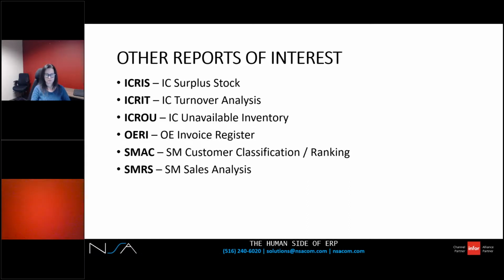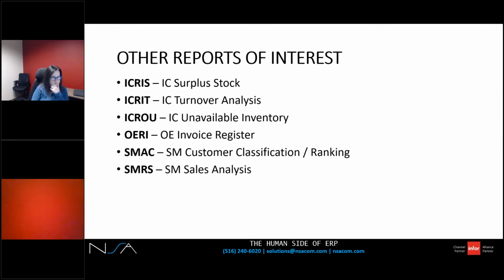So there's a surplus stock, a turnover analysis, which shows you what your inventory turns are, and an unavailable inventory. So you're running your trial balances and other inventory, but perhaps you've got a large buildup of inventory that's unavailable, damaged, not available to sell, in inspection, whatever the reasons are, and you may want to know what that total dollar is, not just blend it in with your regular inventory.